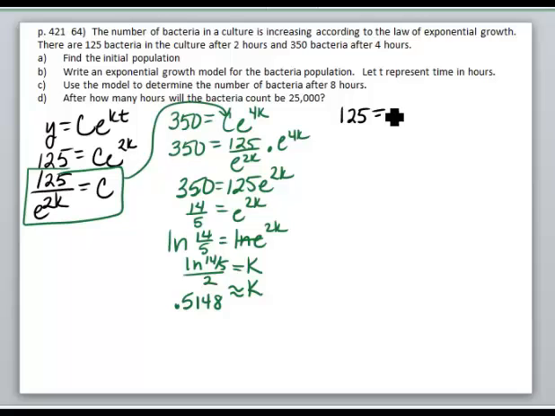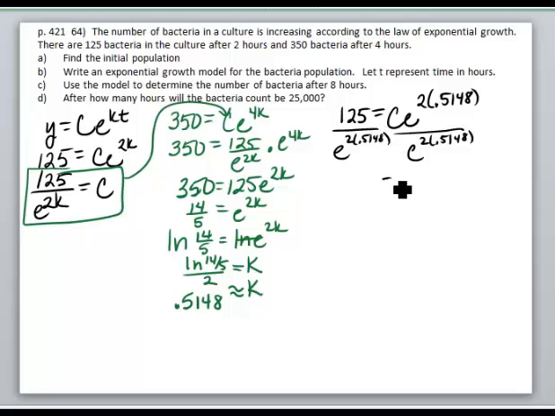I can put in my K value being 0.5148, and then divide that off. So when I divide by e to the 2 times 0.5148 on both sides, that ends up giving me the C value of 44.64, approximately.